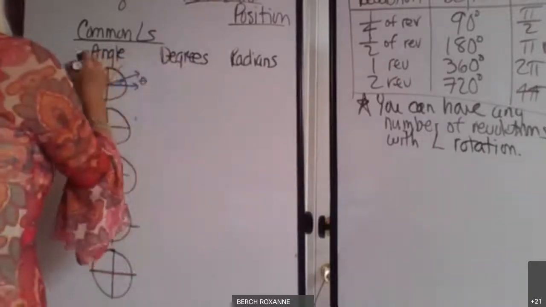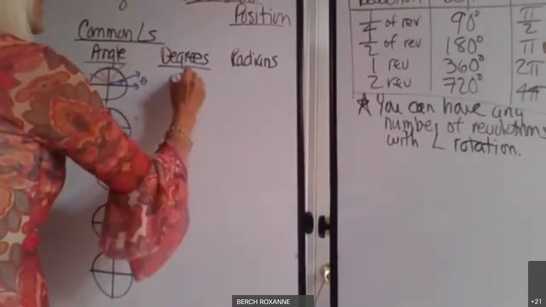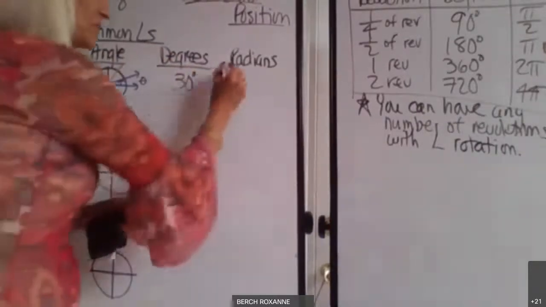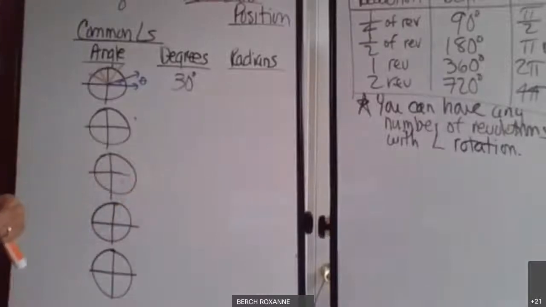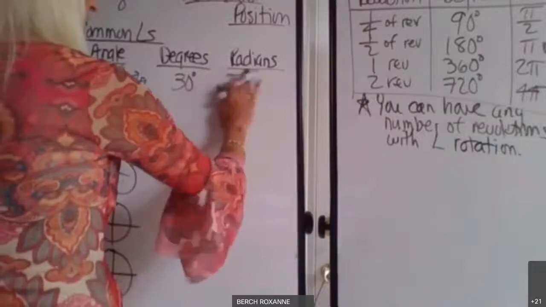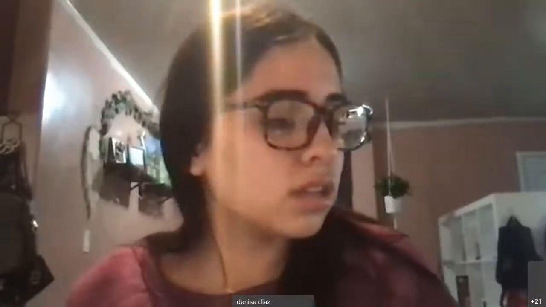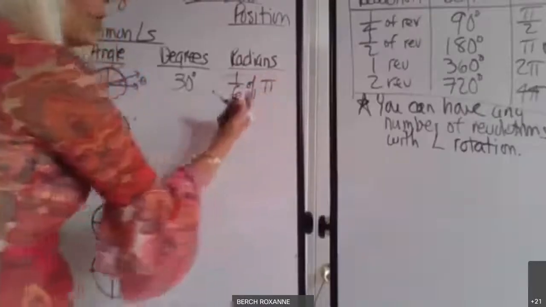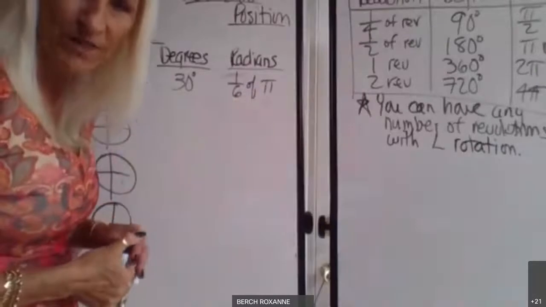Now, I don't know about you, but that's confusing. What do you think it is in radians? 1 out of 6. 1/6 pi radian, or pi divided by 6. Right. Watch. It's 1/6 of pi. Well, of in math means multiply.